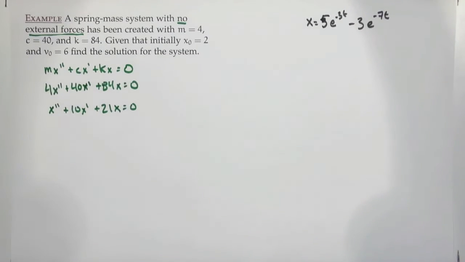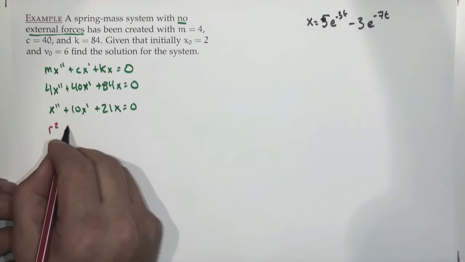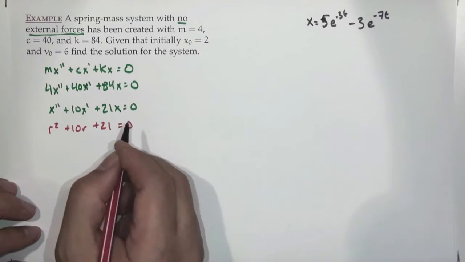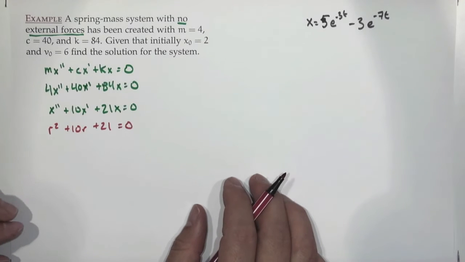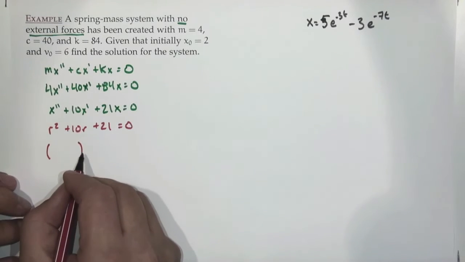All right. And we say, great, perfect, our favorite kind of differential equation, because we can do algebra. r squared plus 10r plus 21 equals 0. And does it factor? Yes? How does it factor?